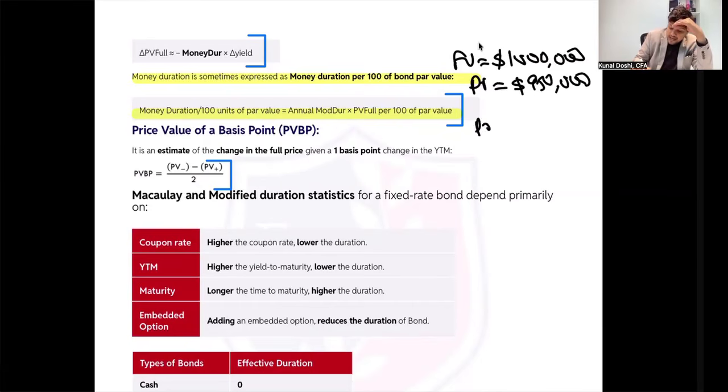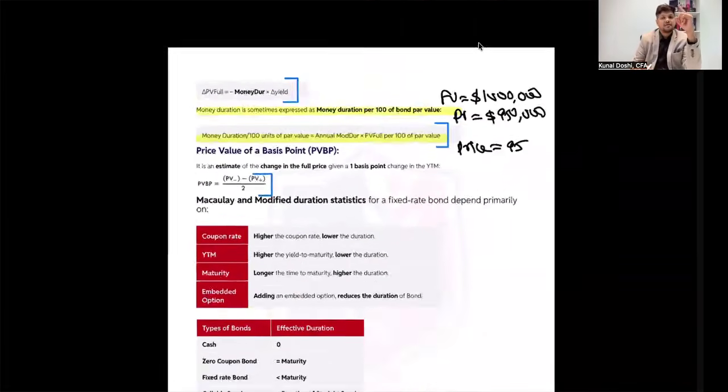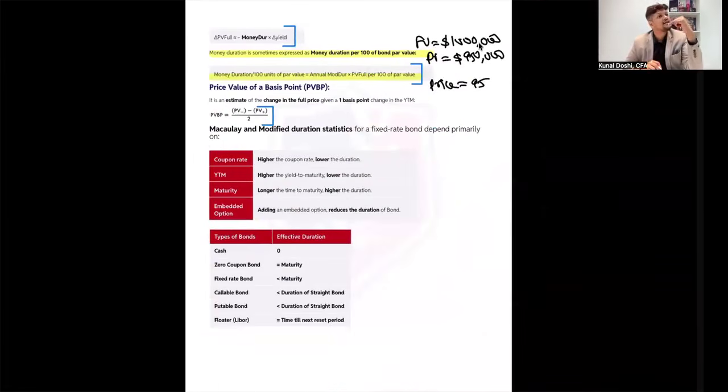So the price of individual bond is how much? 95. Correct? For per 100 bond price is how much? 95. So if they say on the per 100, 95 into the duration or convexity. If they say on total, just take 950,000 into duration or convexity.